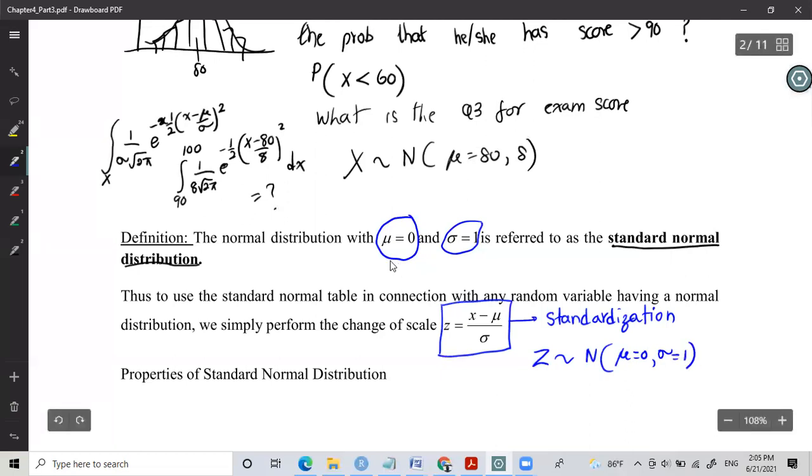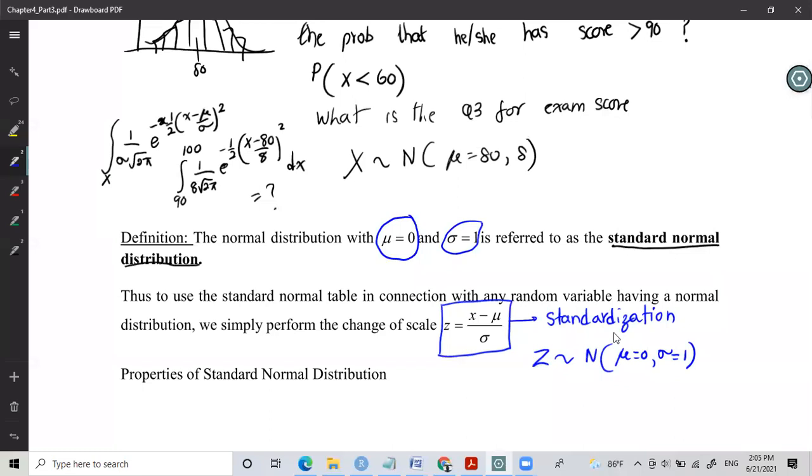Now this is again a normal distribution, so the properties that you have with the normal distribution will be the same for the standard normal distribution, but it is the special case where you have 0 mean and standard deviation 1. Now, we have tables available for the standard normal distribution, so you can easily read these tables and get the probabilities.